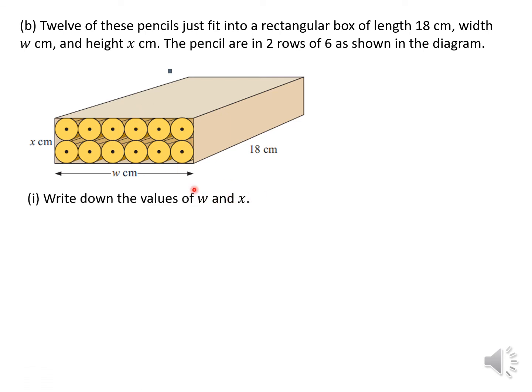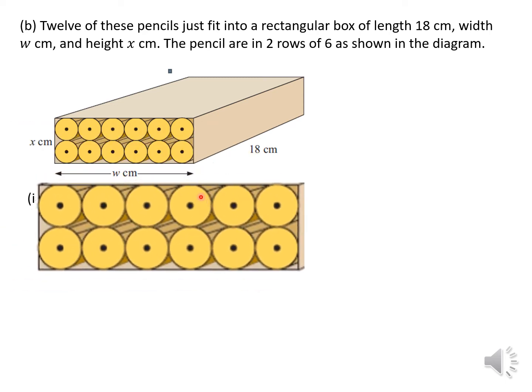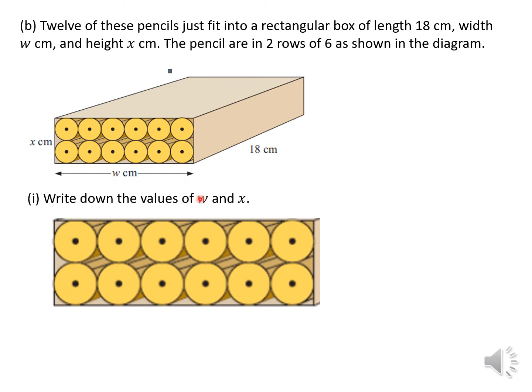Now, here's what you need to know. We need to therefore work with the diameter. So let me bring in the bigger part of this here. I know that the diameter is 0.7. So if I add 2 of them, because they must touch, then X would be simply 2 times that, which is 1.4 centimeters. Can you see that?